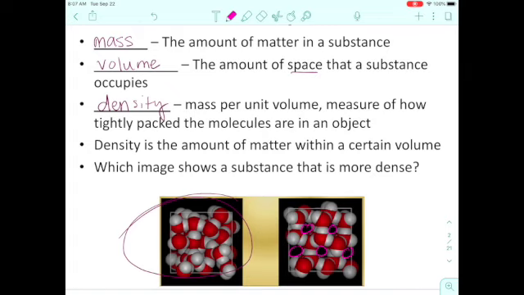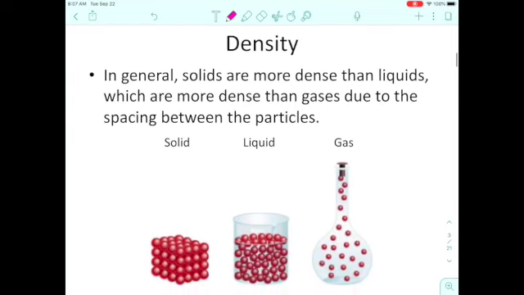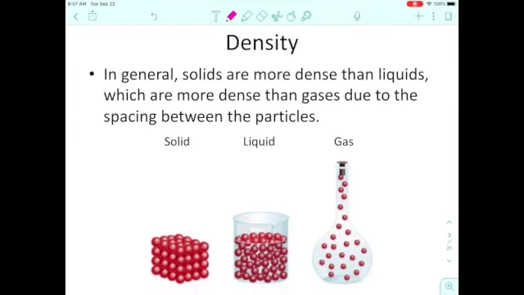So that's not as dense as this one here.